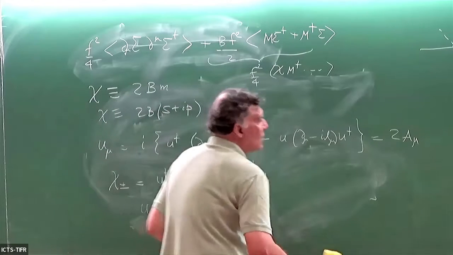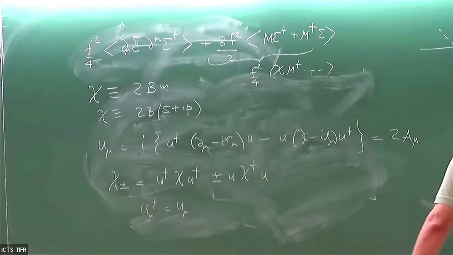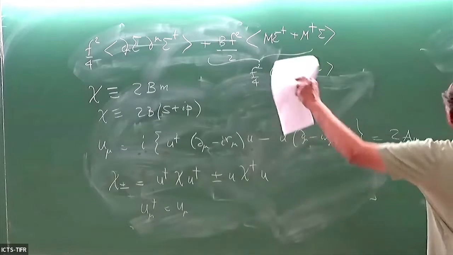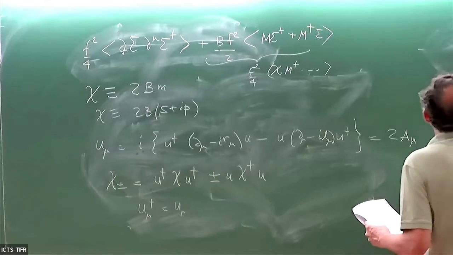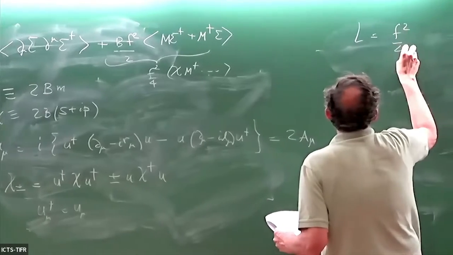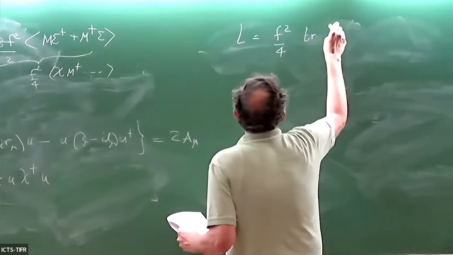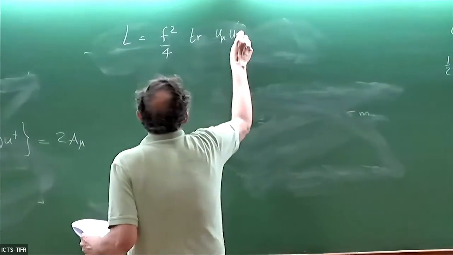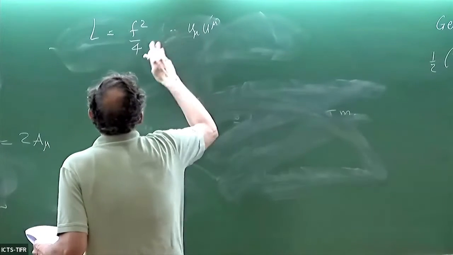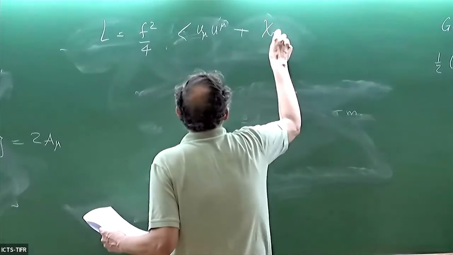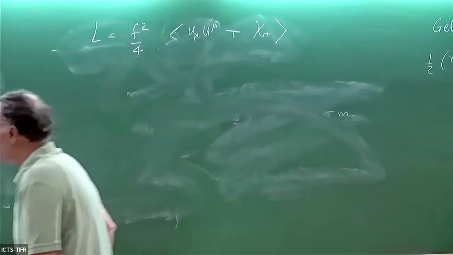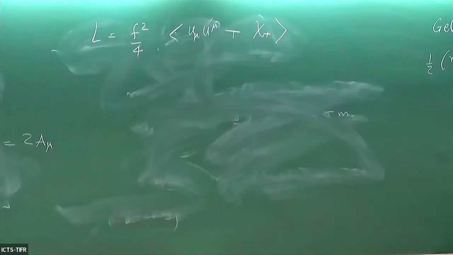So if you look at the lowest order chiral Lagrangian in this notation, I wrote it over there in our old notation, it becomes L = f²/4 times the trace of u_μ u^μ, or with my angle bracket notation, plus χ+. Because χ+ is m + m†.